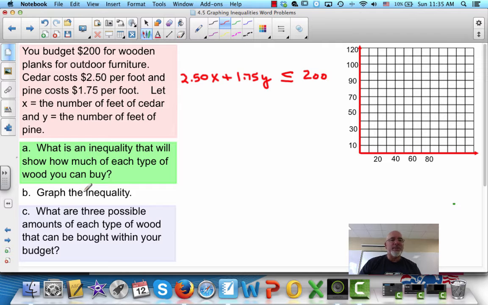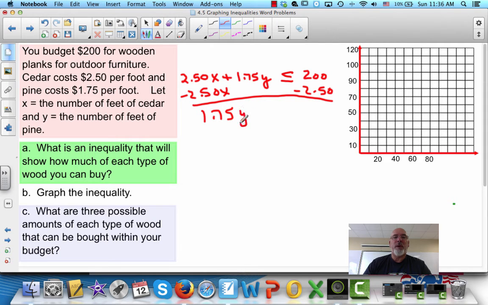The next thing it says is graph the inequality. Well, we have to have it in y-intercept form. So the first thing we want to do is go minus 2.50x on both sides, and that gives us 1.75y is less than or equal to negative 2.50x plus 200.